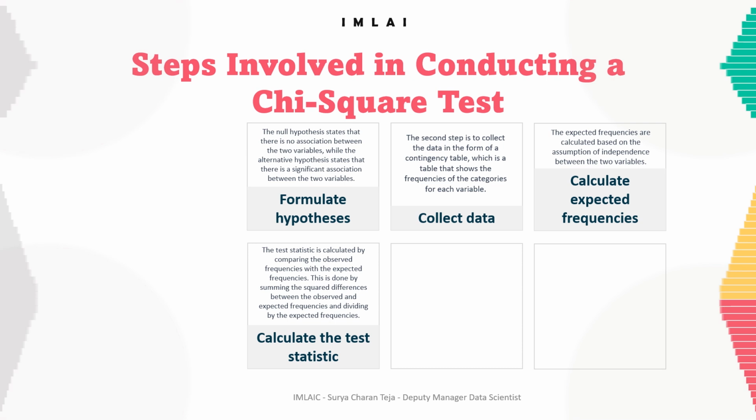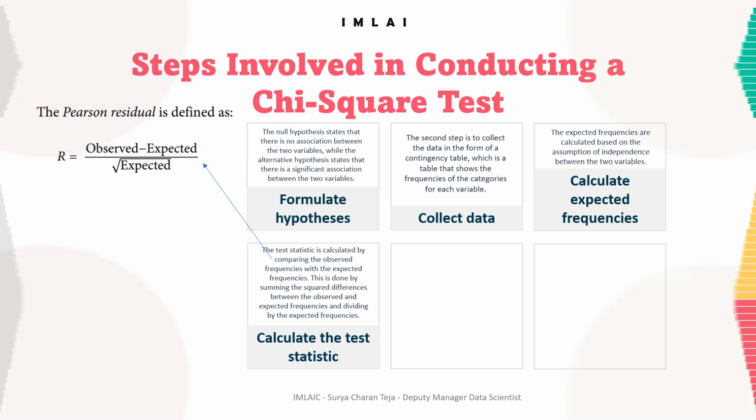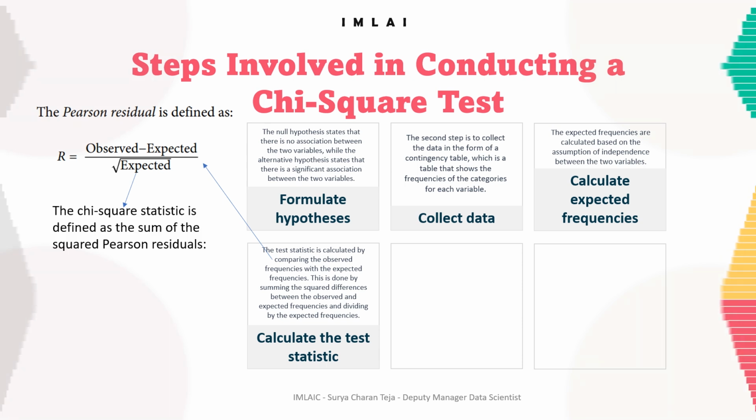The most important step, calculate the test statistic. The test statistic is calculated by comparing the observed frequencies with the expected frequencies. This is done by summing the squared differences between the observed and expected frequencies and dividing by the expected frequencies.